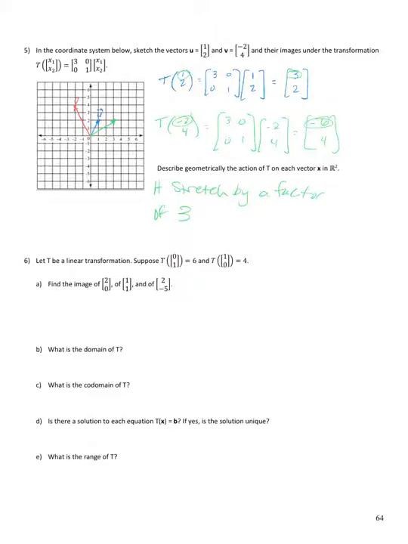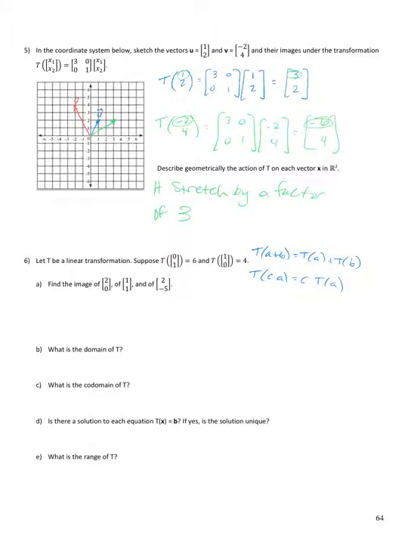Let T be a linear transformation. Suppose T of 0, 1 is 6 and T of 1, 0 is 4. Find the image of 2, 0, 1, 1, and 2, -5. So I'm going to use the fact that T of a plus b equals T of a plus T of b, and also T of c times a equals c times T of a.